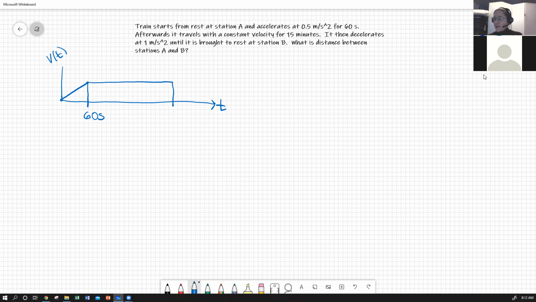I should probably break the x-axis because 15 minutes is on a scale quite a bit more. 15 minutes is, I have to grab my calculator. Maybe somebody can calculate that for me. I like to keep things in the same units. Minutes. It is 90 seconds. 15 times, how many? 90.